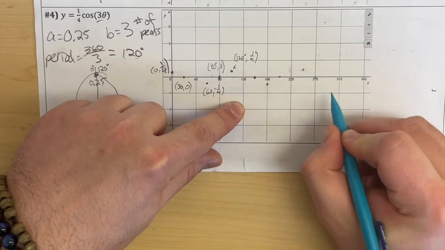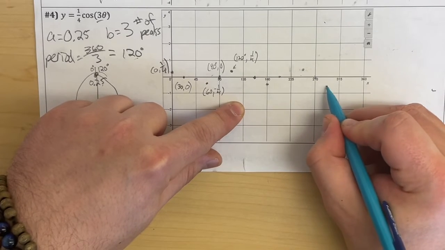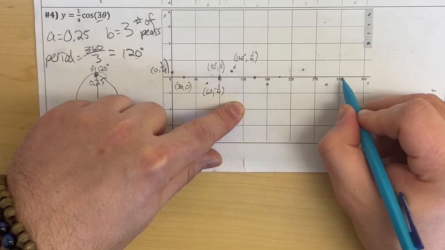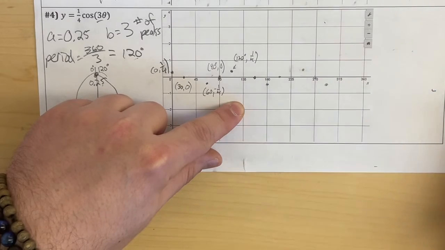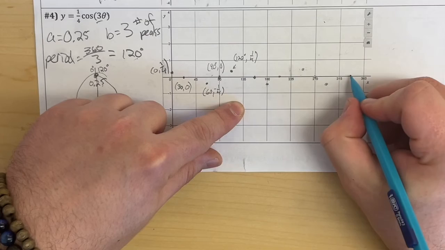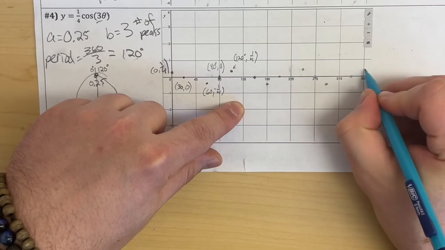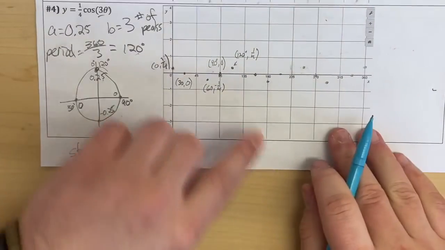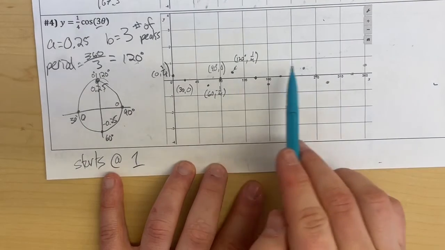At 270, 0. At 300 it's negative 0.25. We have 330, which is 0, and then we end at 360 because we have 1, 2, 3 peaks.